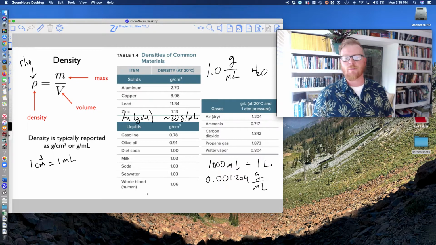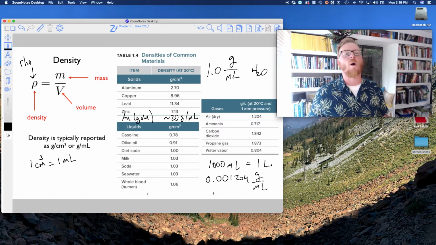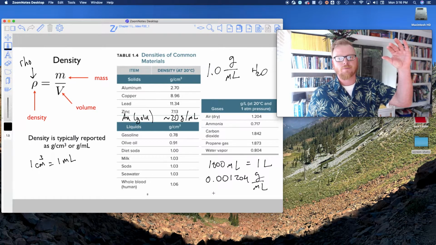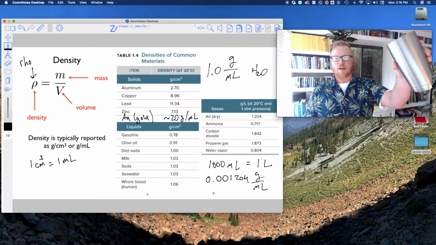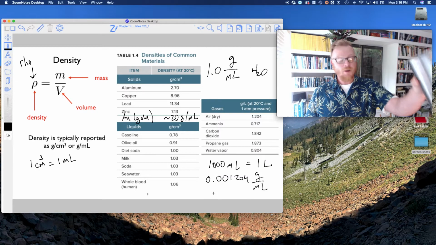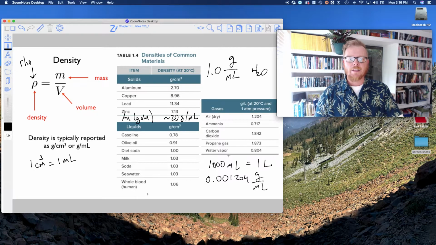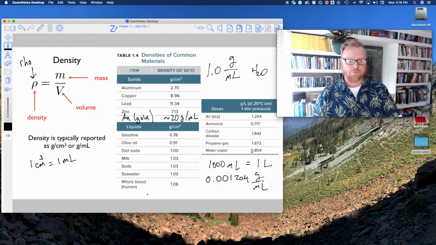This is just introductory information for now. Air is about 1,000 times less dense than water, and that makes sense because liquid water does not float on top of air. I'm not going to pour my water out all over my keyboard to prove that to you, but if I pour this out, it's not going to float in the air. And here you can see water vapor, which is actually a part of air, is also not very dense at all. Okay, so let's see, moving right.